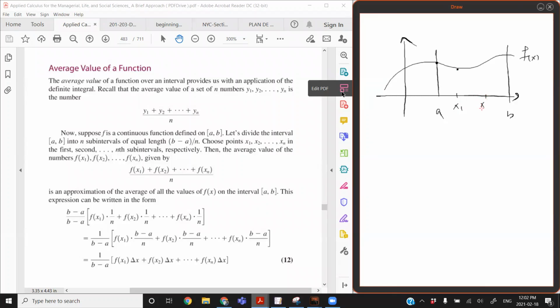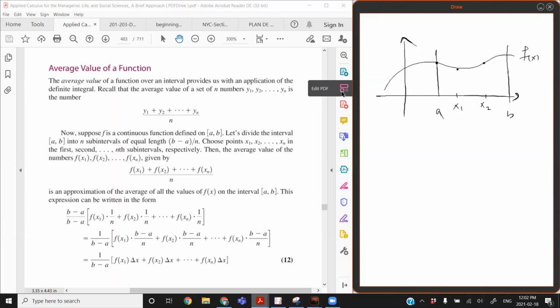If x is equal x2, then the value of the function is going to be f of x2. So the value of the function is changing depending on what the input to the function is. And for any different input that you have, you're going to get a different f of x.